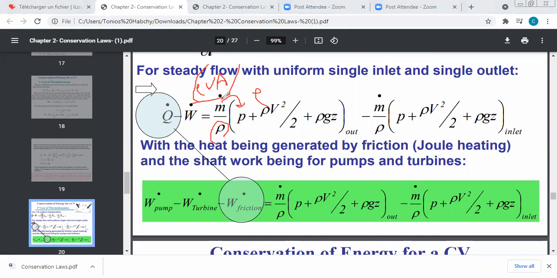This is why it's m dot over rho times P plus rho V square over 2 plus rho GZ. Or if you want to remove this rho here, you should take it inside. So you put P over rho plus V square over 2 plus GZ, which is the expression we got together.